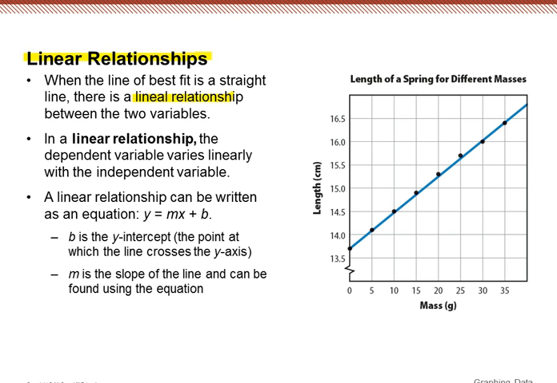Or sometimes we can even say it varies directly. Now that's a special case that goes to the origin, and we'll get into that later. But in all linear relationships, we can write this formula, y equals mx plus b. Some of your algebra should be coming back a little bit, where b represents the y-intercept and m represents the slope of the line.